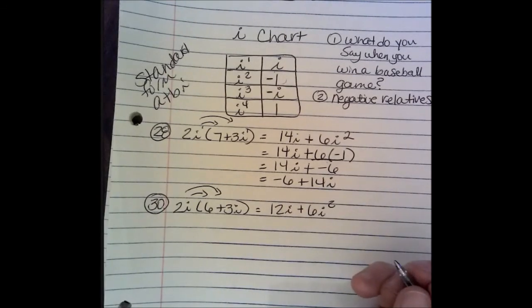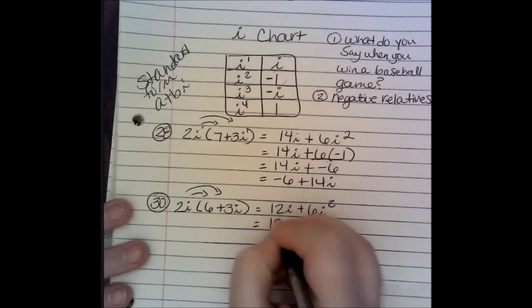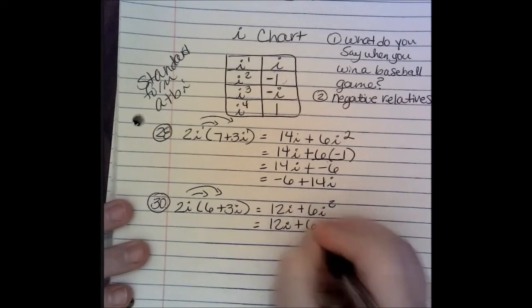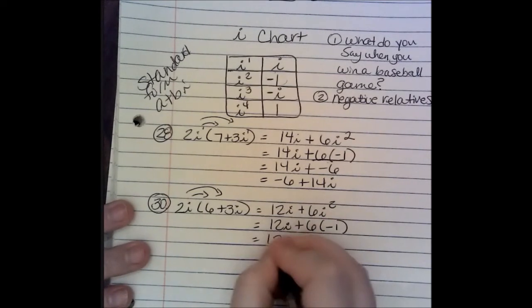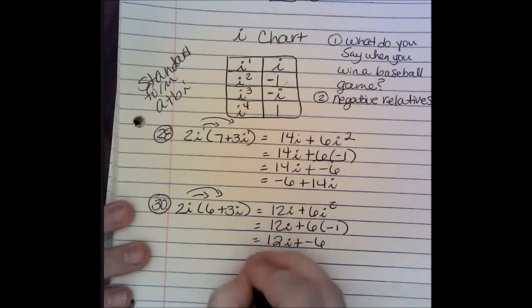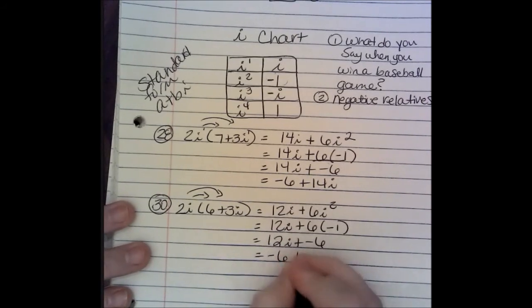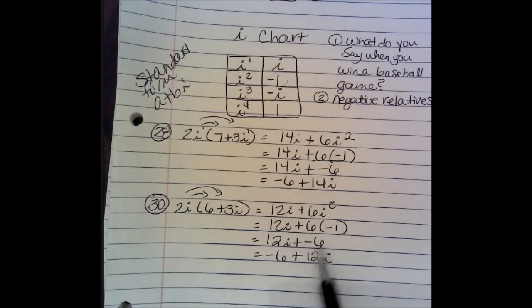Okay? So now replace your i squared with a -1, which gives us 12i plus -6. And then you have to write it in that standard form. So you get -6 plus 12i. Just make sure you remember that negative is connected to that 6, so it has to carry along in the front with that 6.